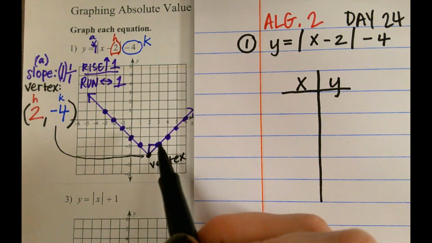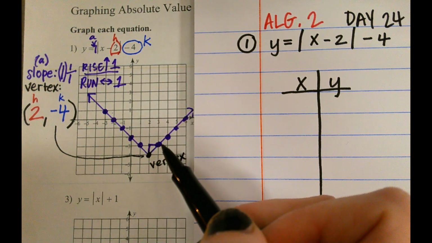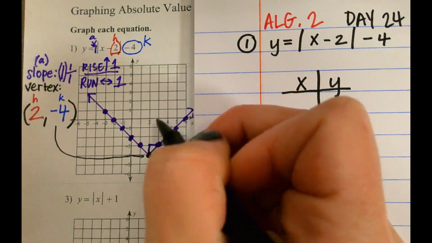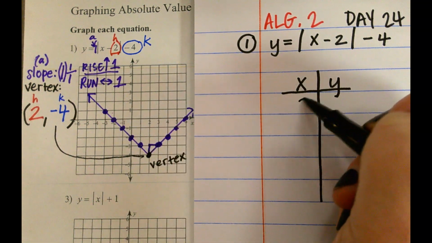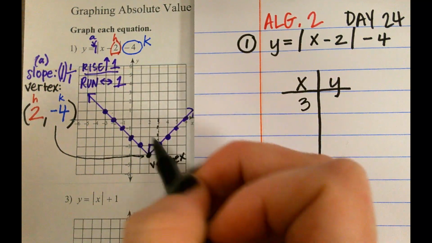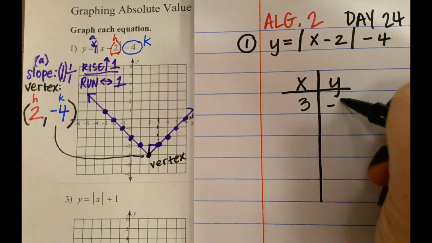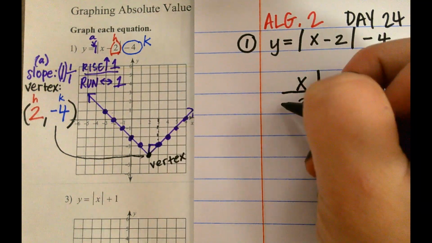For example, what is the coordinate for this point, the first point we made after the vertex? 3, negative 3. My x value is 3 because it lines up with 3 here, and my y value is negative 3. We'll call that point A.